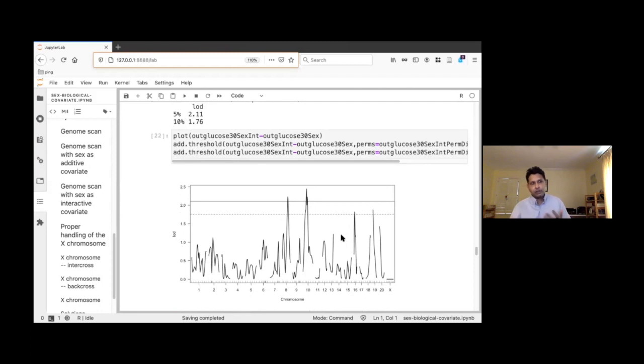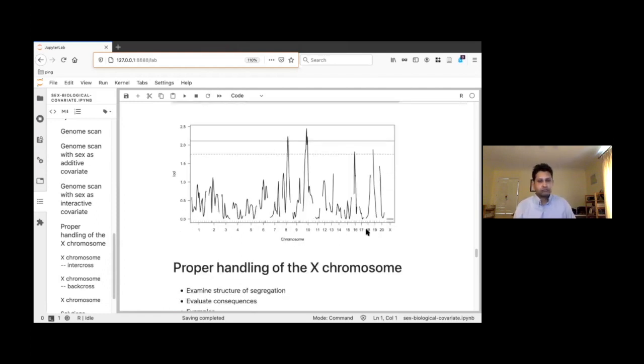If you're basing your conclusions on these two, then you're making two independent tests. So your actual false positive rate would be a little higher than, let's say, 5% if you use a 5% threshold for both these tests.